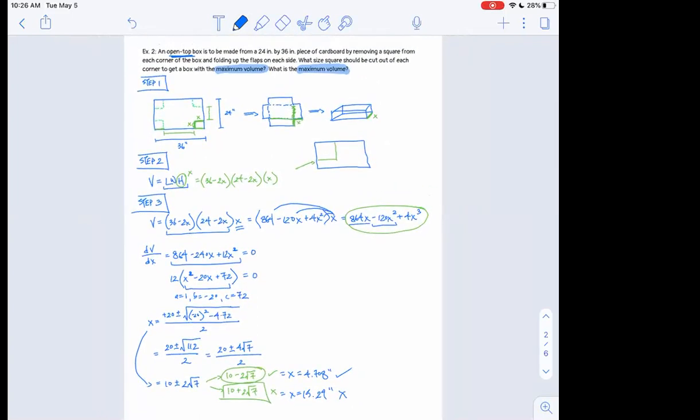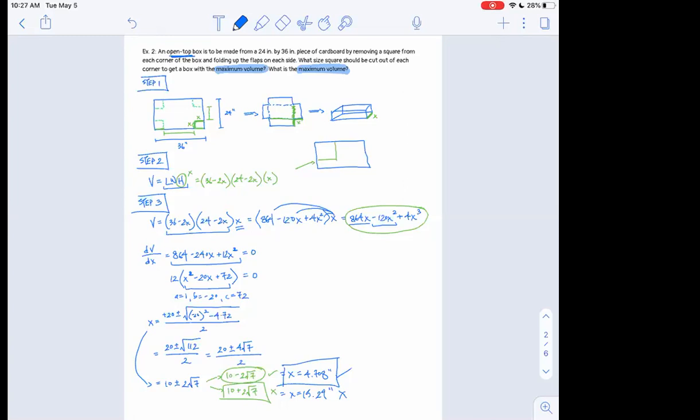All right, so let's read back the question and make sure we've answered it now. The question says, what size square should be cut out of each corner to get a box with the maximum volume? Well, our square should be 4.708 inches on all sides. So we've answered that part. Now, the next part of the question says, what is the maximum volume?